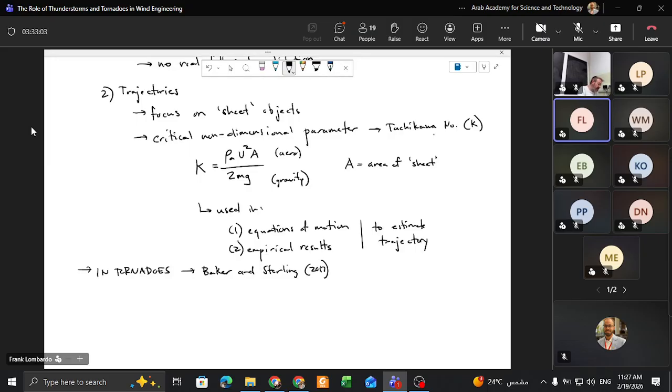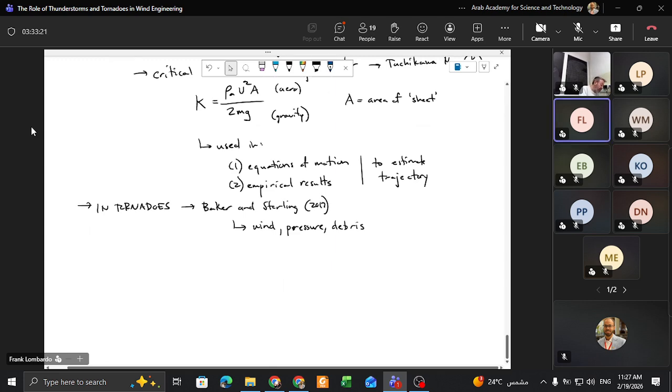This paper has a wind field model and a pressure model, and then uses the wind field model to estimate debris trajectories.